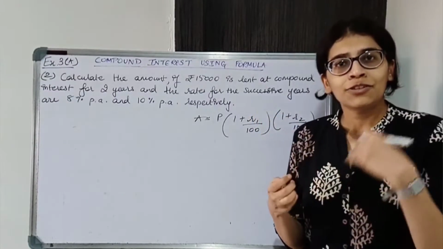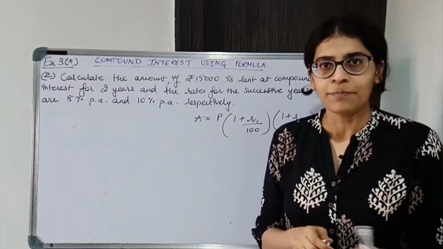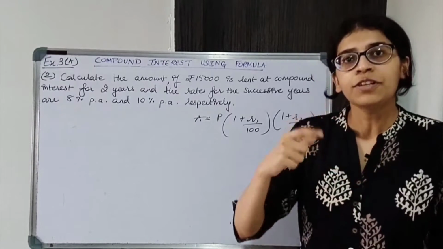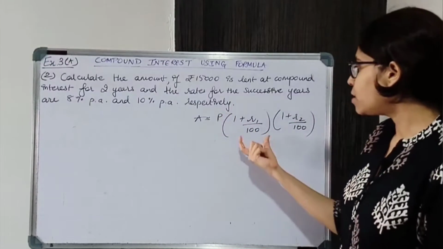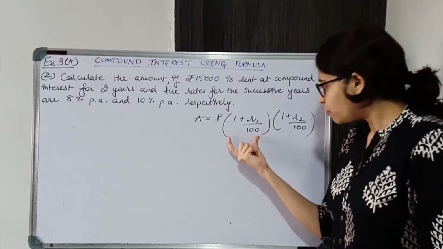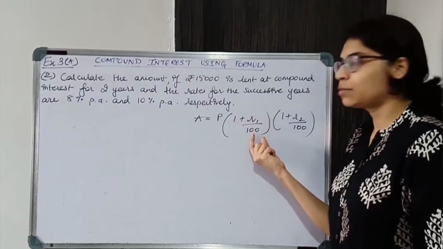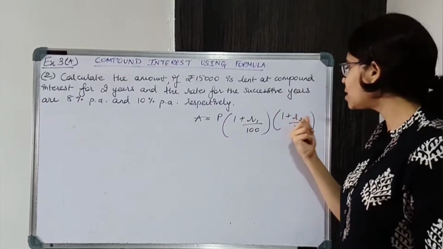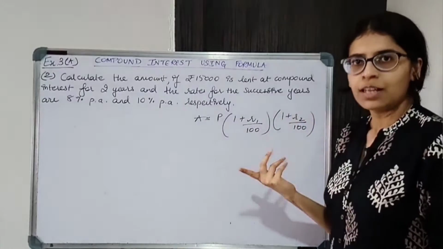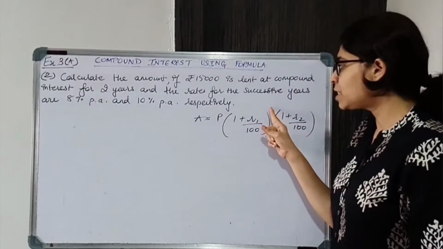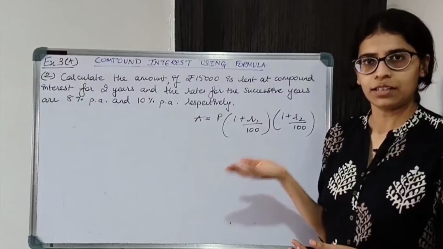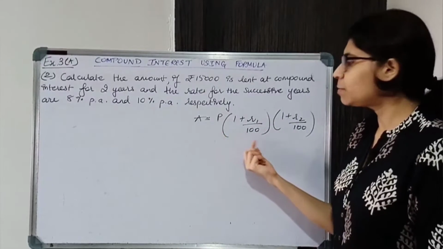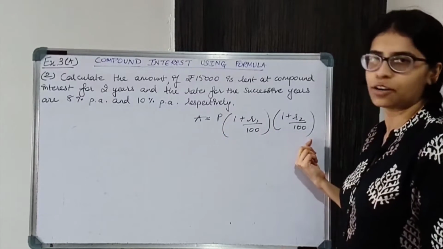That is when the rate of interest is the same throughout for each year. But here the rate of interest is different for each year. So it is 2 years. Okay, so for the first year it is going to be 1 plus R1 upon 100. For the second year 1 plus R2 upon 100. Okay, and the duration is 1 year for each, so obviously it is raised to 1. You don't need to write that, it is understandable. So P into 1 plus R1 upon 100 into 1 plus R2 upon 100.